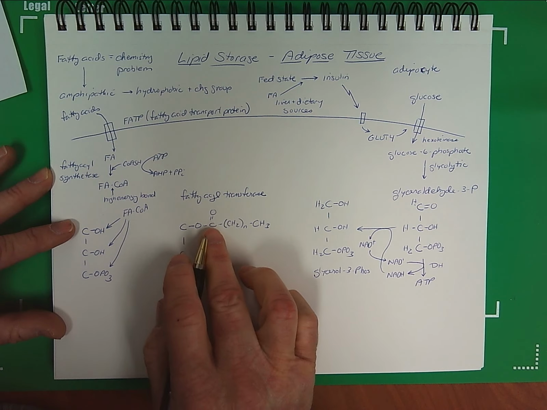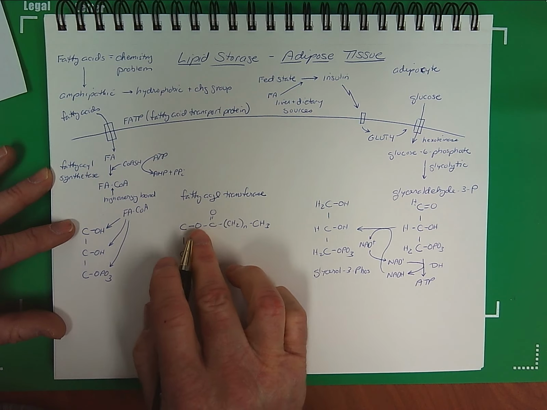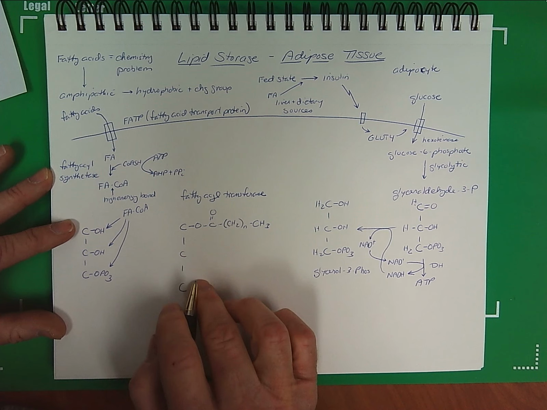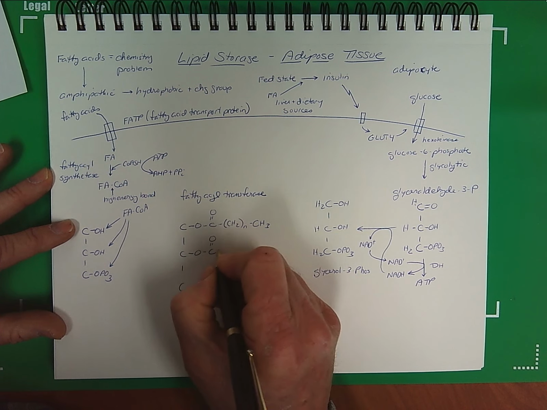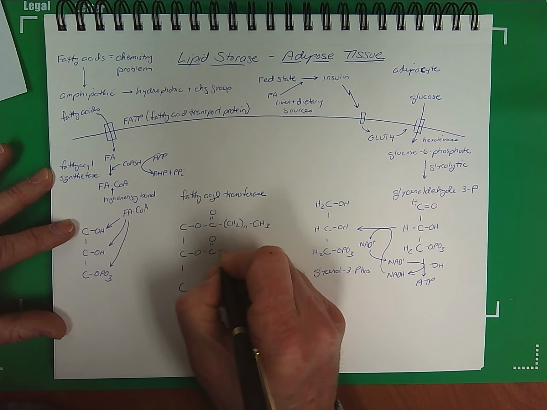Notice, for example, this is an ester linkage. So this would be the attachment of one fatty acid to the number 1 carbon of glycerol 3-phosphate. Then we are going to do this 2 more times. And what we have in the end is a triglyceride structure.